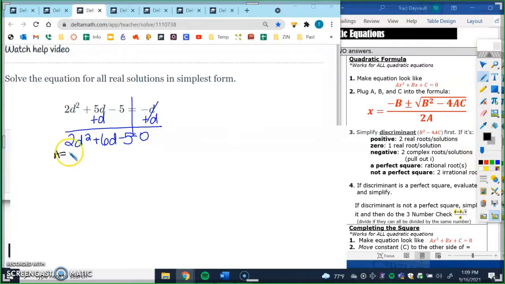We know that a is 2, b is 6, and c is -5. So let's plug it in.